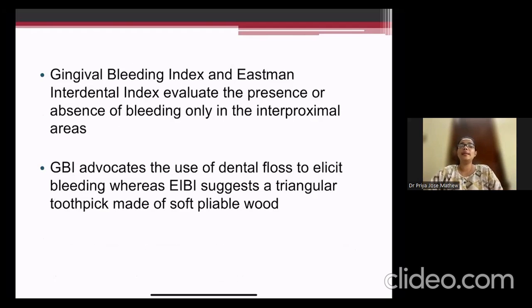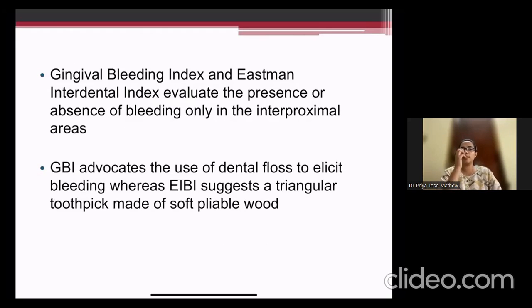Now, the gingival bleeding index and the Eastman interdental bleeding index evaluate the presence or absence of bleeding. So it is a dichotomous type of assessment, only in the interproximal areas. The gingival bleeding index advocates the use of dental floss to elicit the bleeding, whereas the Eastman interdental bleeding index suggests a triangular toothpick made of soft, pliable wood.